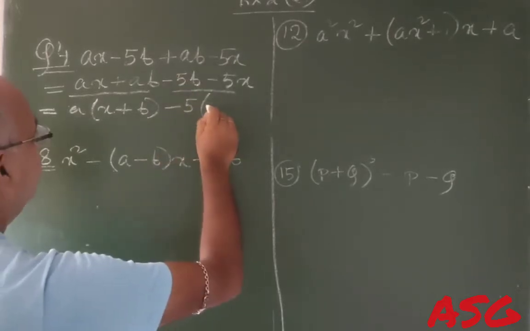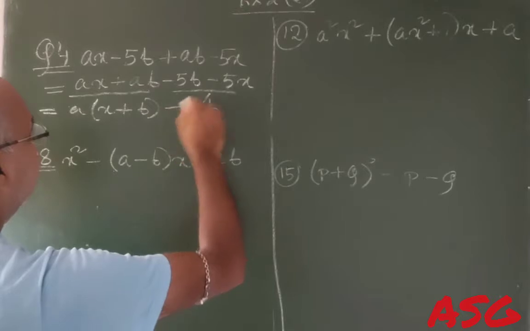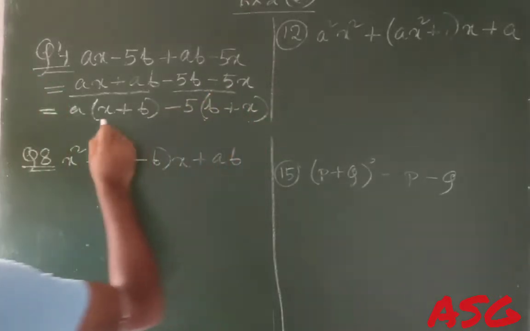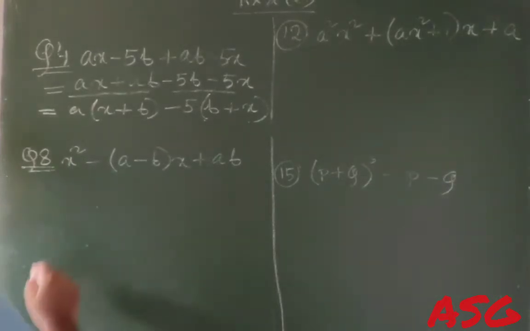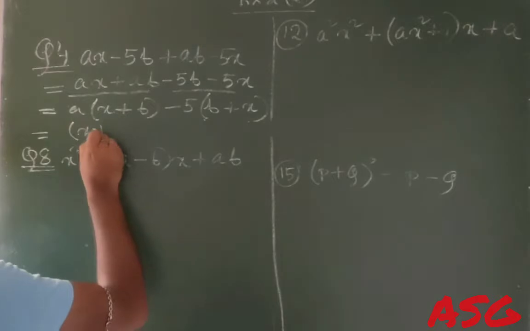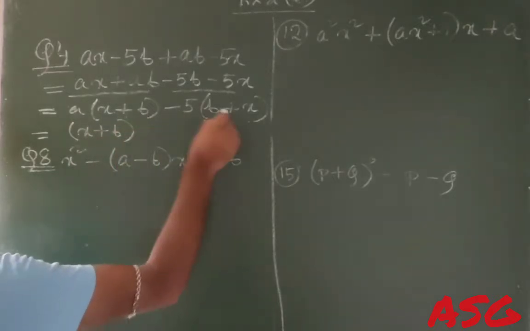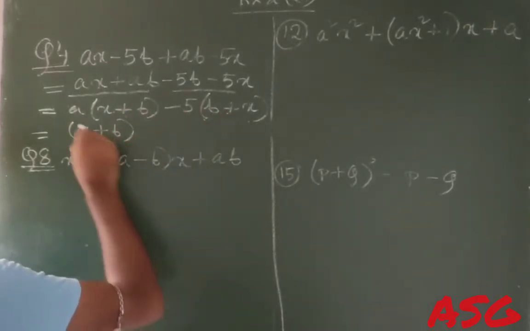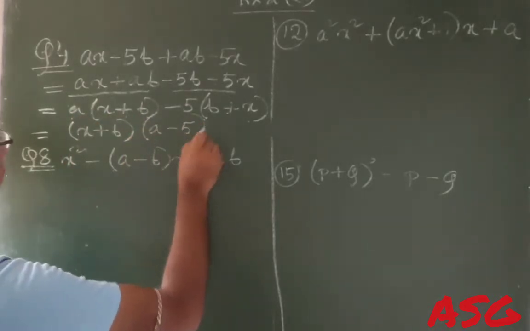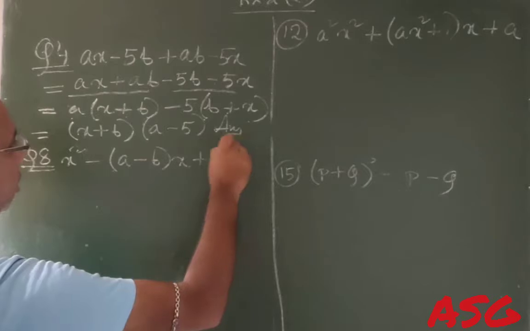Minus minus is plus b, minus minus is plus, 5 is common, x is left. x plus b and b plus x is the same thing. So from the first two terms, what is common is x plus b, and what is left out is a minus 5. a minus 5. This is your answer.